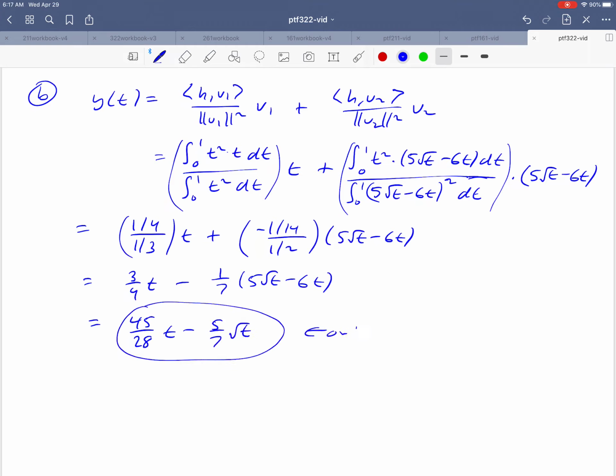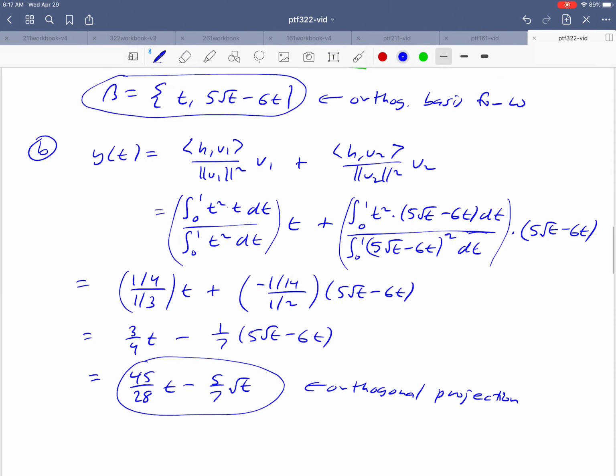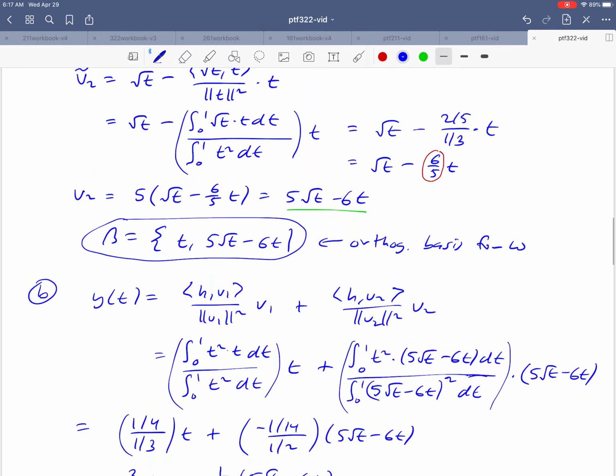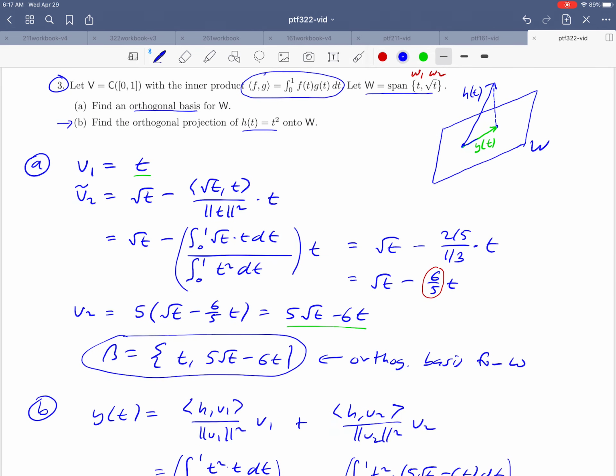Okay, there is our orthogonal projection. Okay, and if we go back to the picture for just a minute, again, the interpretation of this polynomial is it's the closest approximation to t squared in the space w. Okay, so y of t geometrically is just this vector right here in our plane that we just calculated.